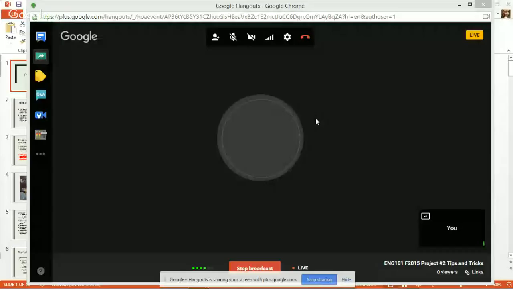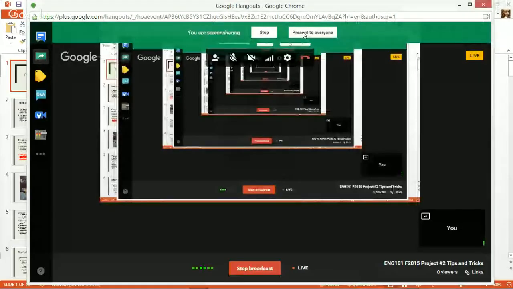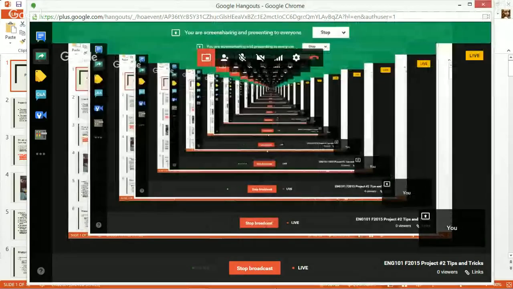So what I want to do right now is share my screen with you guys. I'm gonna make sure it doesn't do what it did last time. So I'm gonna hit here, go to screen share, and share my entire screen. Okay, it's going on and on into the distance.